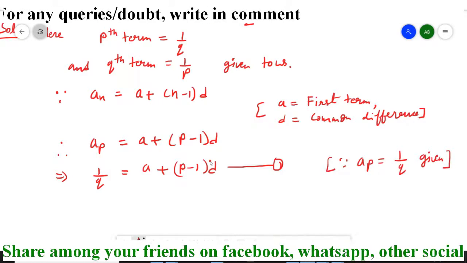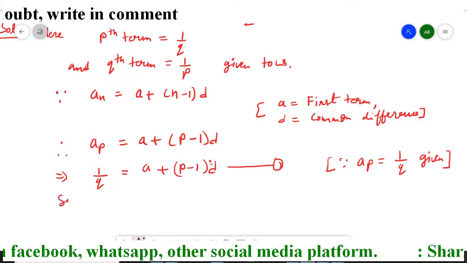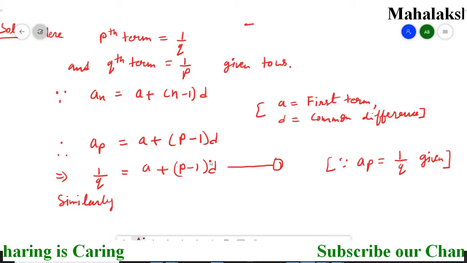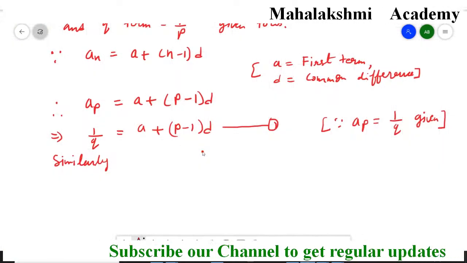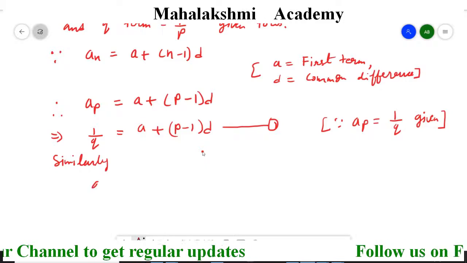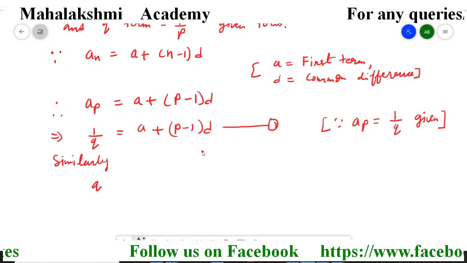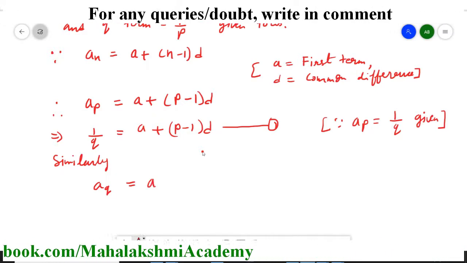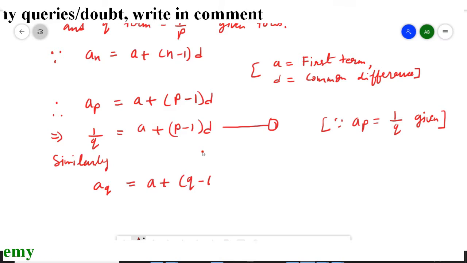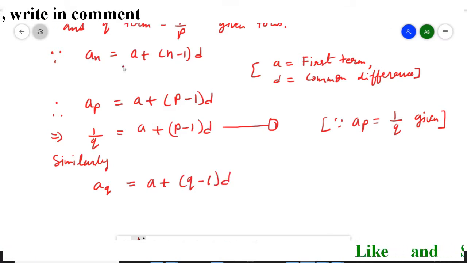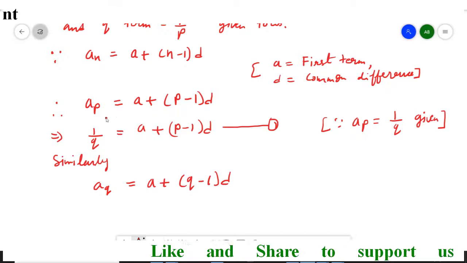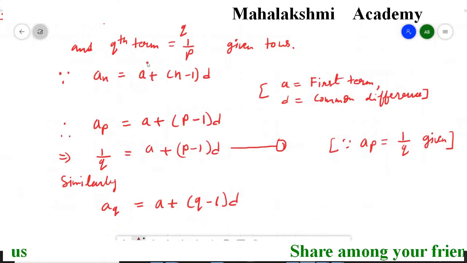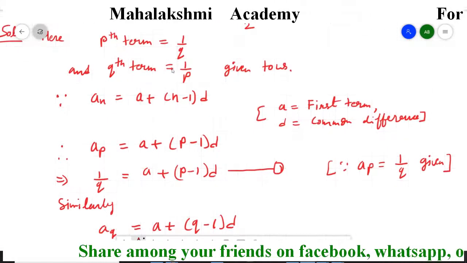Given to us. In the same way, similarly we will calculate the qth term also. So aq is going to be a plus q minus 1 d. Means instead of n in the an formula we replace n by q. So this is the qth term. Now the qth term which is available to us is 1 upon p.